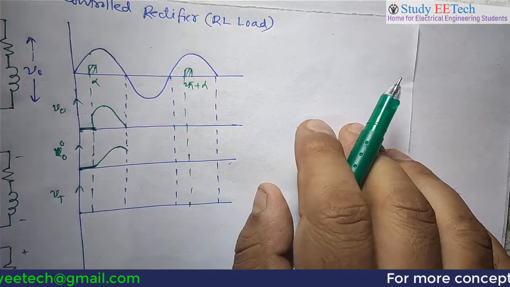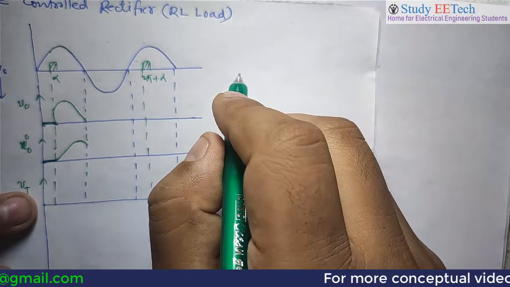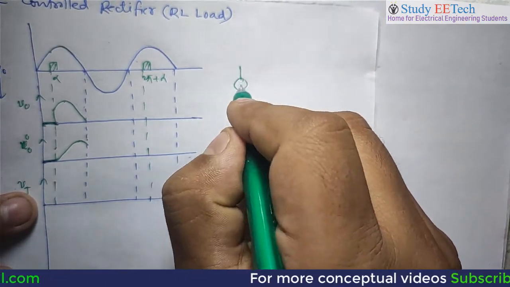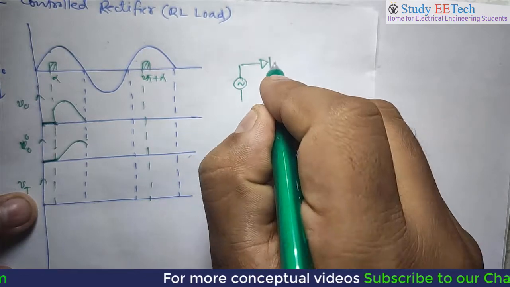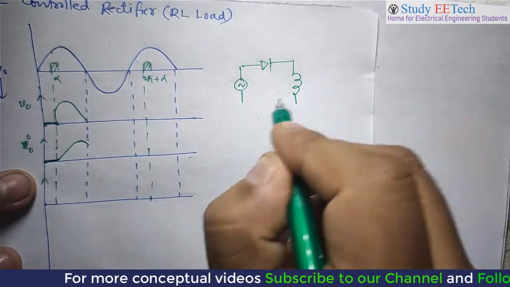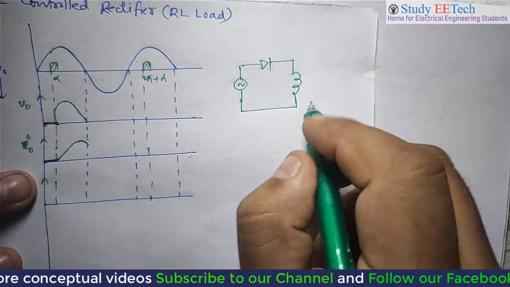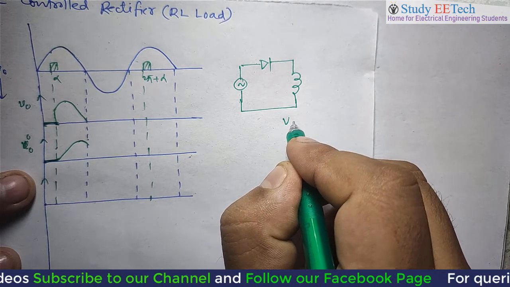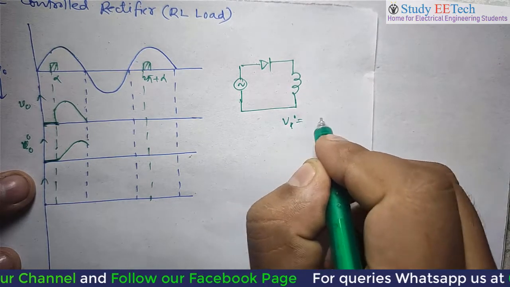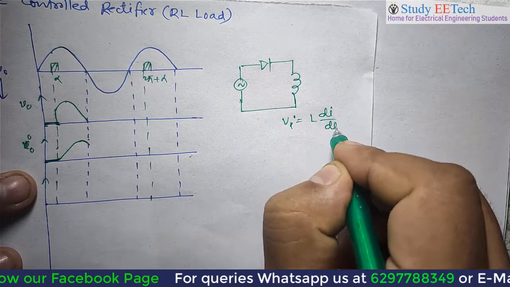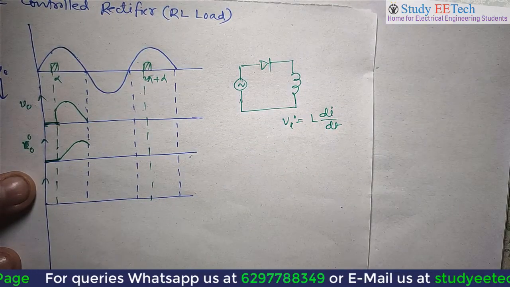The reason is pretty simple. Think in terms of a diode. If there is a diode and a pure inductance, the output voltage is equal to the input voltage, which is equal to L di/dt, according to this circuit.